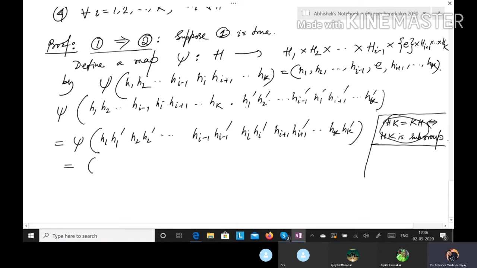So then it is h1 h1 dashed, h2 h2 dashed, hi minus 1 hi minus 1 dashed, and this part will be identity, and it is again hi plus 1 hi plus 1 dashed, hk hk dashed.